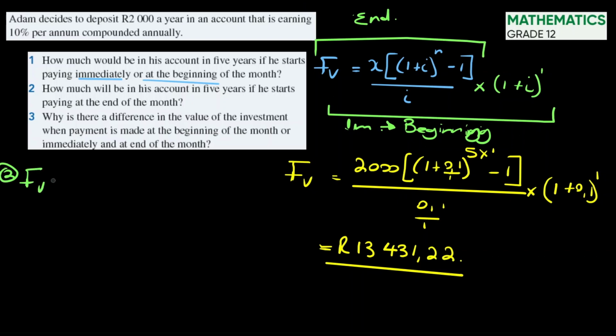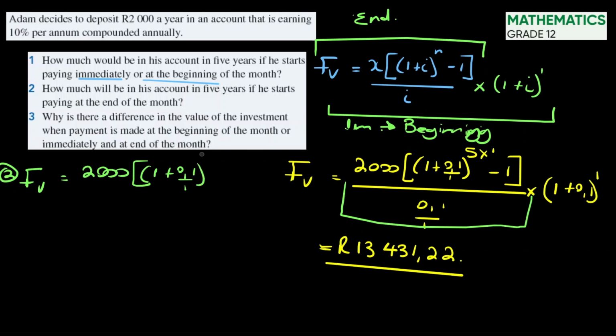Remember, we already established what our consistent fixed installments are. We're going to use the future value formula, or we can just extract it here to be smart and save time: 2,000 times [(1 + 0.1/1)^(5 × 1) − 1], all divided by 0.1 over 1. Then let's punch that into the calculator.